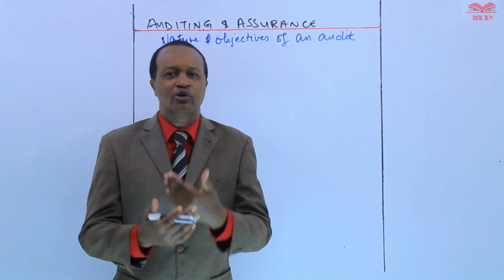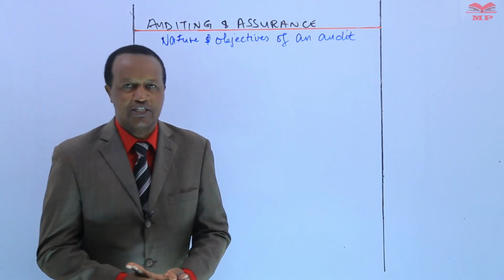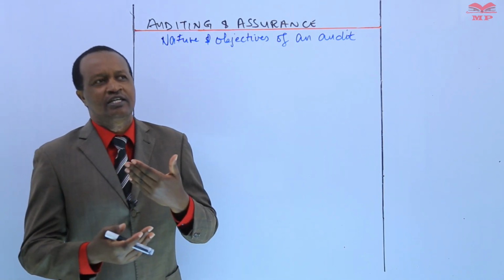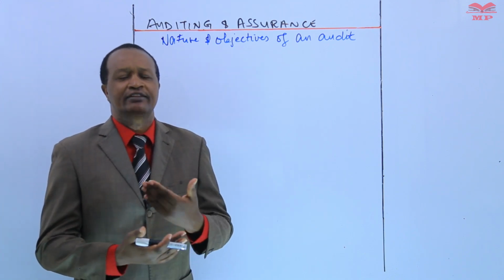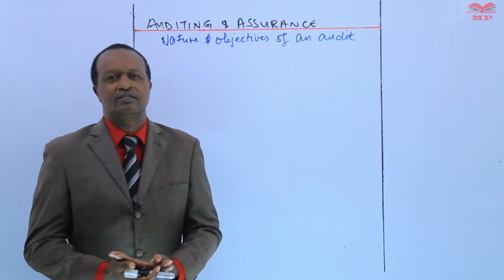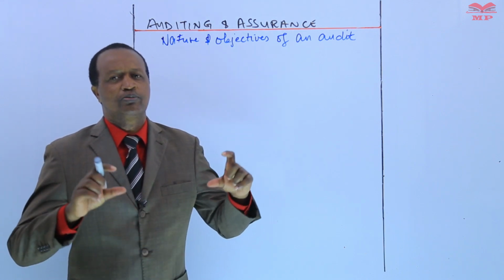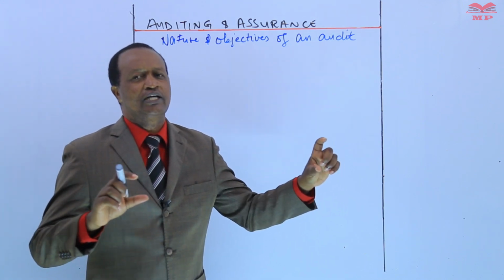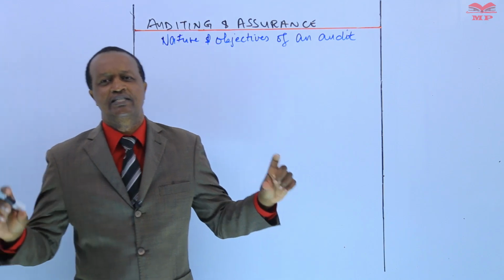So an audit, first of all, is an independent examination. Independent examination means that this examination is done by a third party. In a corporate setup, we have ownership and control, the owners and the managers.